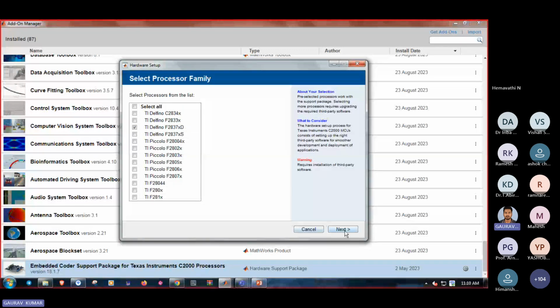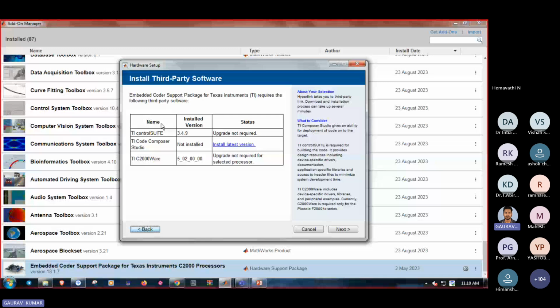Then we have to install these third-party software, because at last we have to generate the code, which can be made through the Simulink block diagram, or we can also write the code in Code Composer Studio, and that code is dumped through the cable to the C2000 microcontroller.